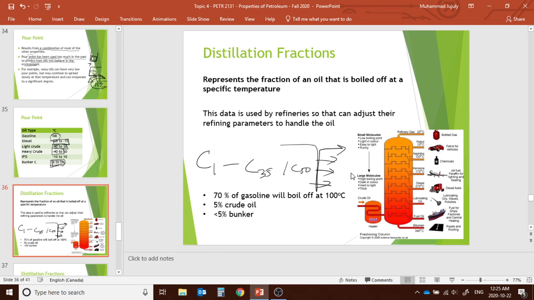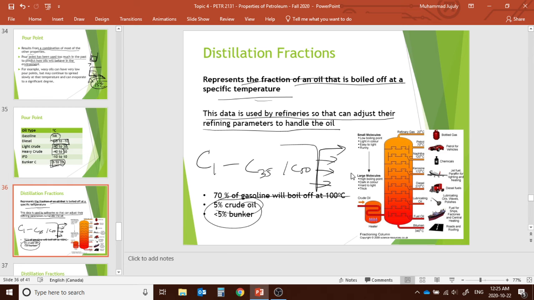When you need to separate them, what is done represents the fraction of the oil boiled off at a specific temperature. This data is used by refineries so that they can adjust their refining parameters to handle the oil. So 70% of the gasoline would be boiled off at 100 degrees Celsius. The more you increase the temperature, the heavier the components we will get.